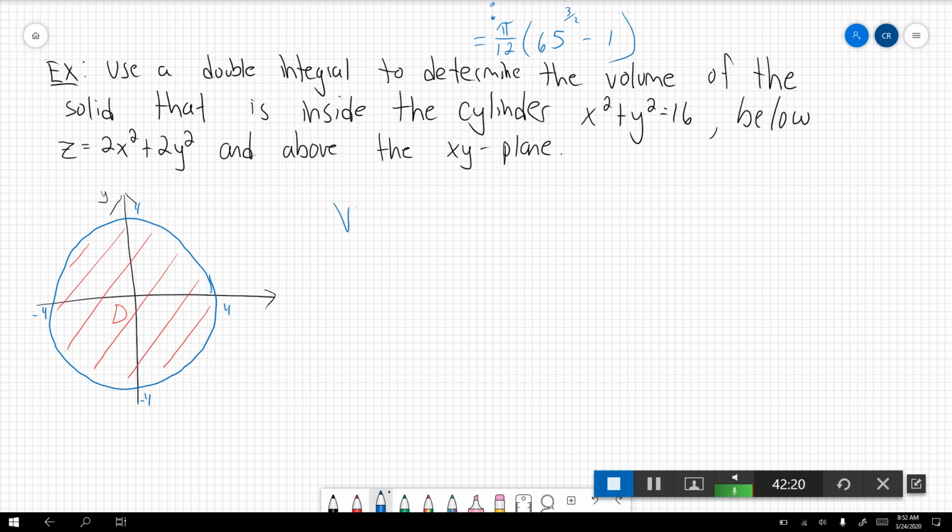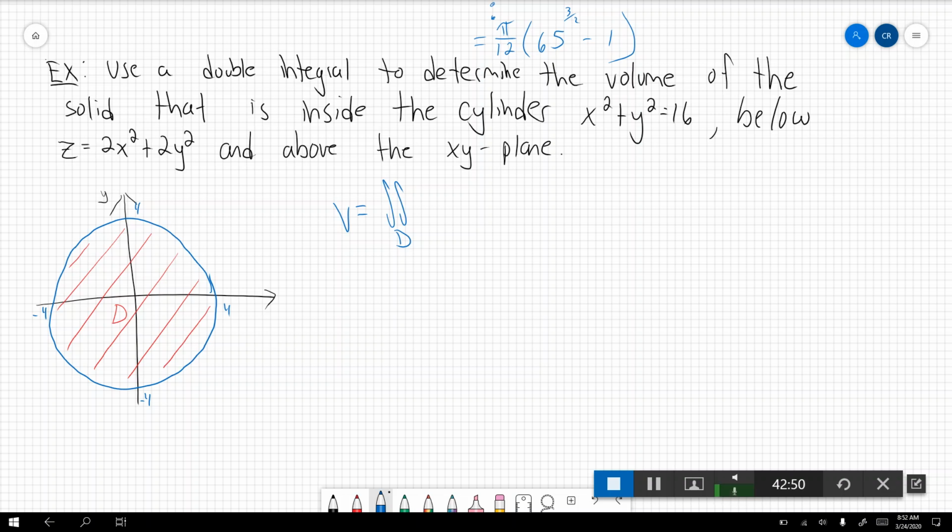So we want this volume. This volume is going to be the double integral over some domain of some sort of function. If we have the area, all we need is the height for all of these areas to attain. The height is going to be from the x and y plane, in other words from z equal to 0, all the way to some top height value.